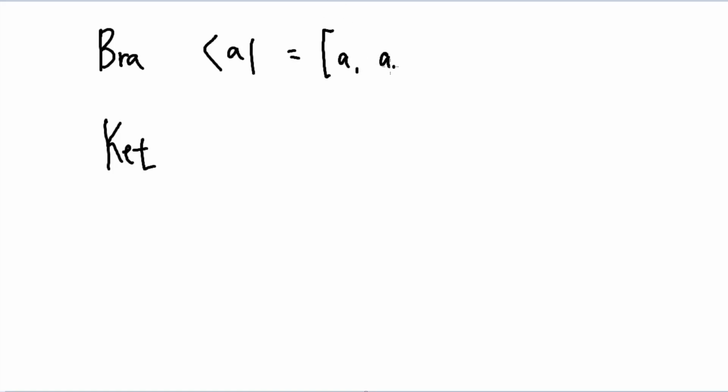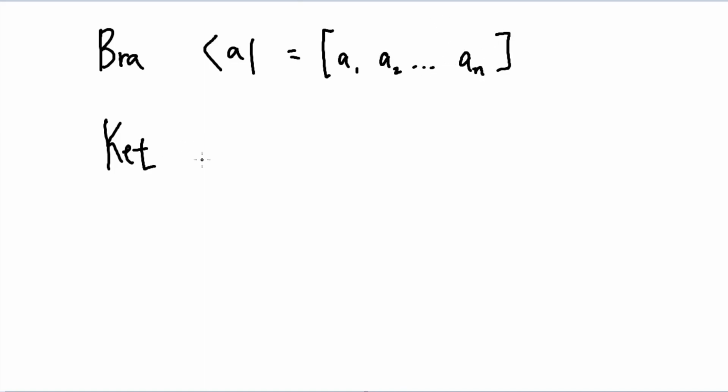Now, as a quick review and reminder, let's consider what this means in terms of bras and cats. Just in case you may not be familiar with these concepts, a bra vector can be written in this general notation, with a given number of elements, n elements.